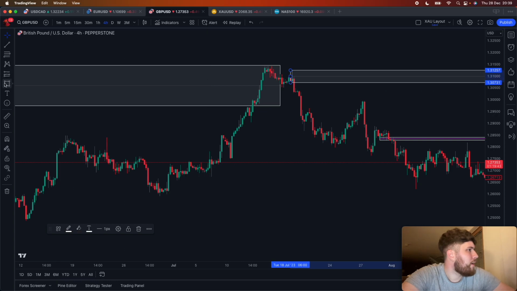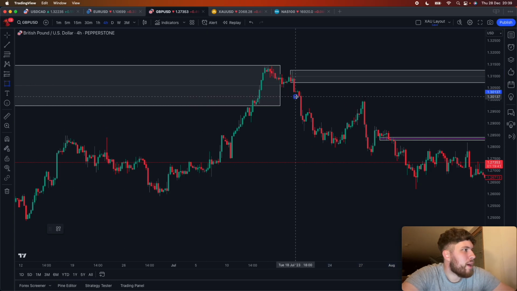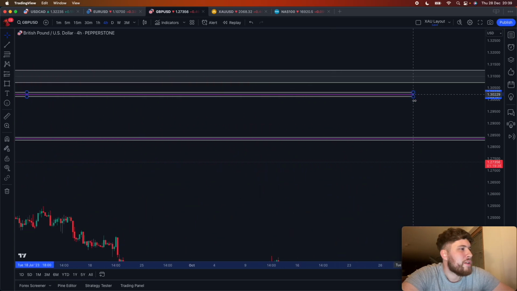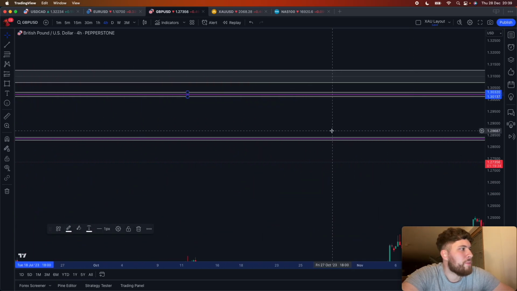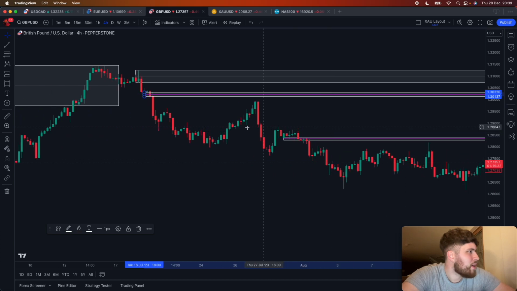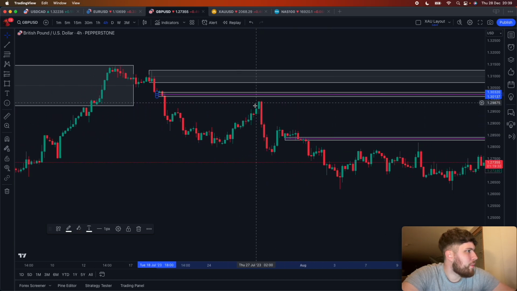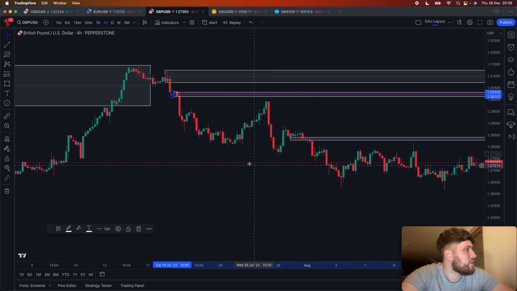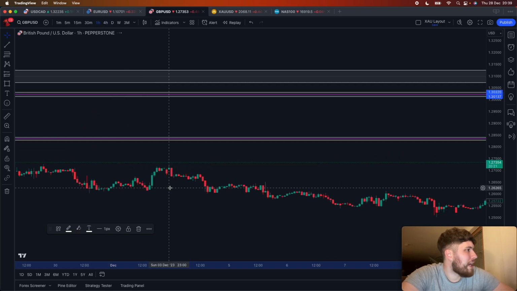We also have another wick to the downside followed by a wick to the upside and a large bearish move that follows. So this is another area of interest for me. Is there anything else? There is this here as well, but I'm pretty adamant that's been cleared. You can see price traded into that beautifully before continuing trading lower. So we'll head down to the hour time frames.